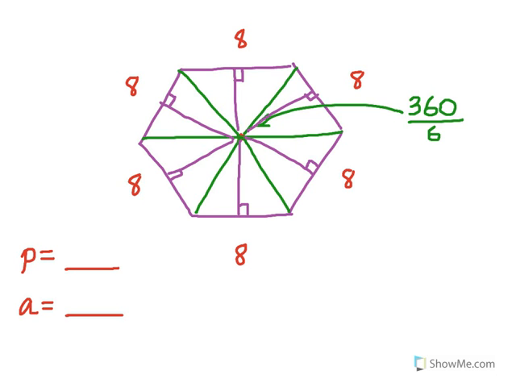If the whole bottom side was 8, I know I've just divided it into 2 pieces that are each 4. If I focus on this little triangle down here, I know how many of those there are. Well, there are 12 of those in the whole hexagon, 12 of those little triangles. So if I can figure out the area of one of those little triangles, I can multiply it by 12.